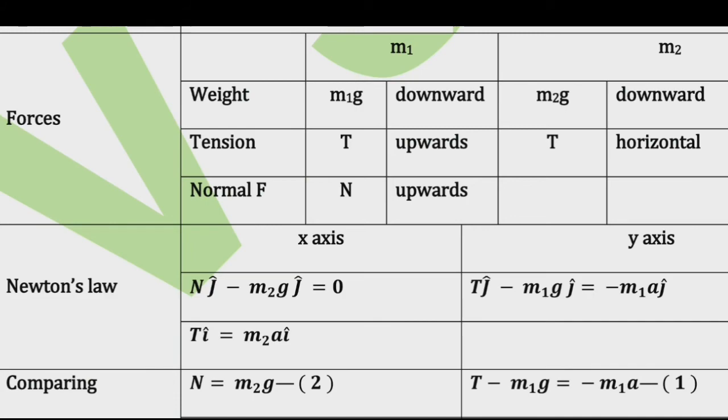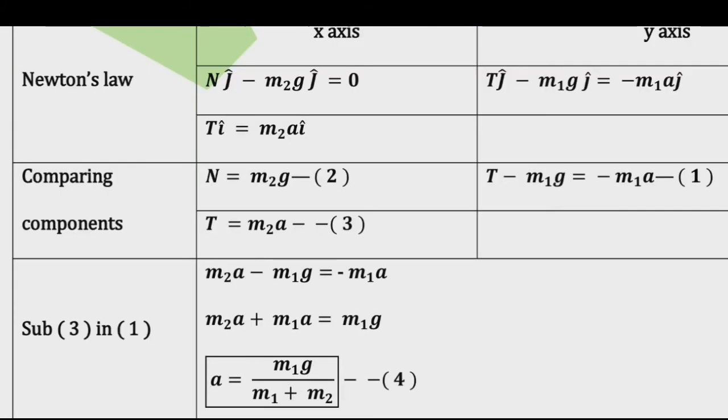Substituting equation 3 in 1, now we can find the tension T. M2a minus M1g is equal to minus M1a. M2a plus M1a is equal to M1g.